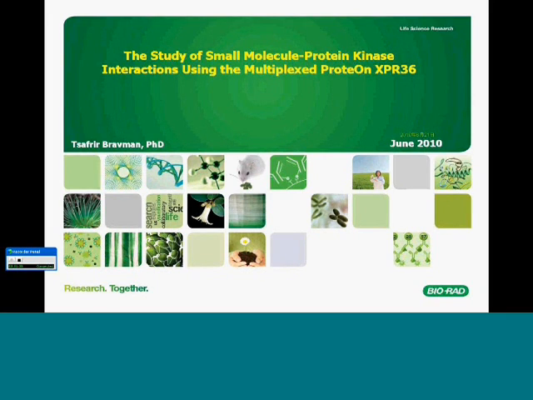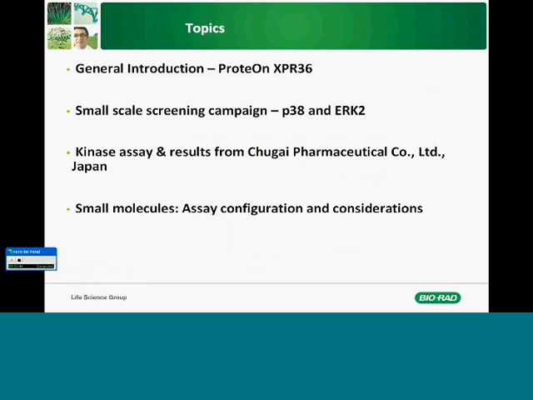So the topics of this webinar will include, first, a general and short introduction about the ProteOn XPR36, the SPR array system, and a few principles about SPR and how it works. Then we're going to present the study that we performed here, which is an attempt to mimic a small-scale screening campaign of two kinases named P38 and ERK2.